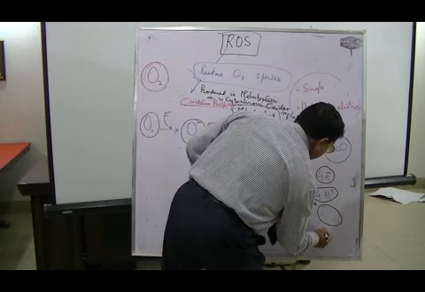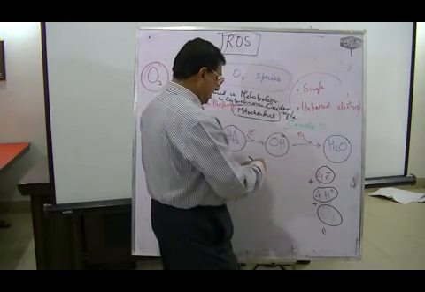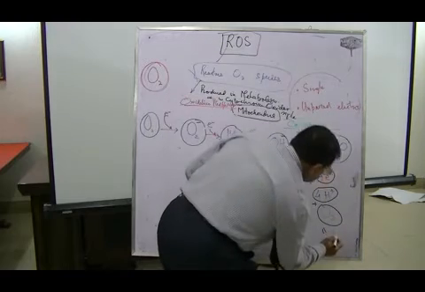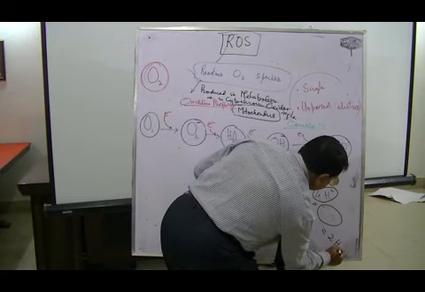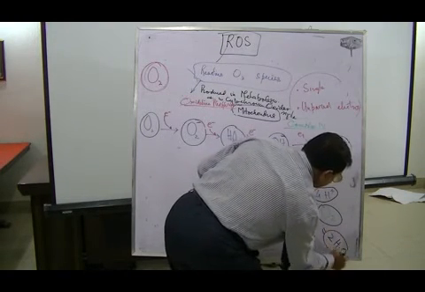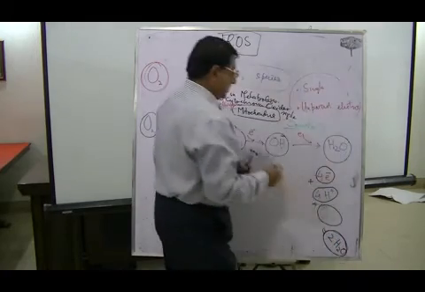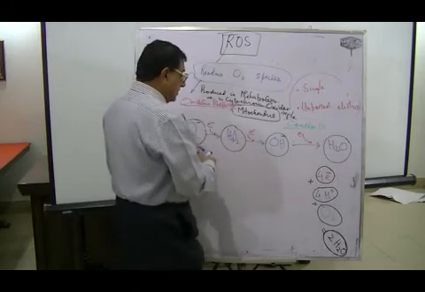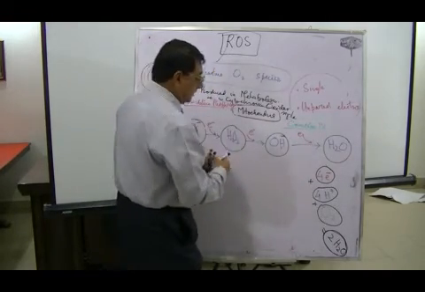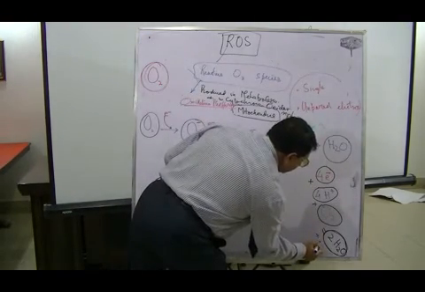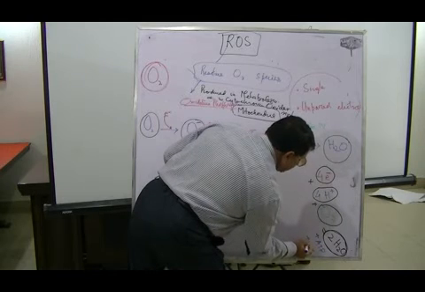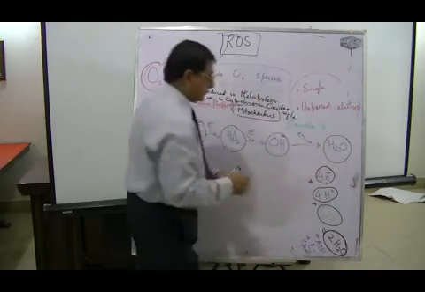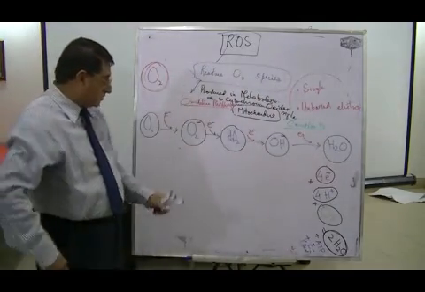All these combine together to give you what? 2 molecules of water. In the end, there is also formation of ATP plus liberation of energy in the form of heat. So this is what is oxidative phosphorylation.